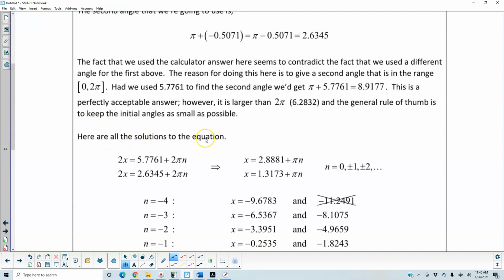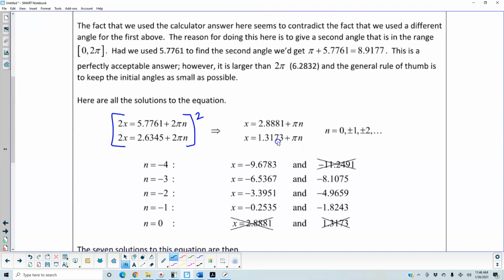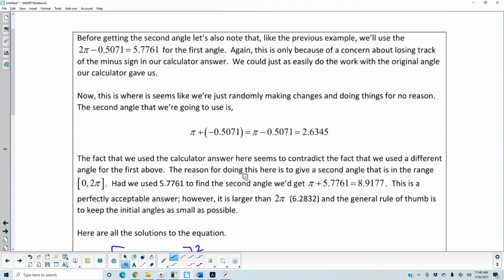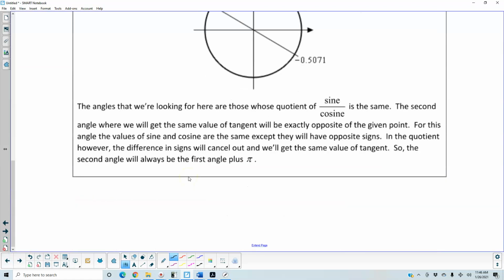So here are all the solutions to the equation. Again, we're going to multiply both sides of these two equations by 2 to then get x, which is equal to 2.881 plus pi n, and x is equal to 1.3173 plus pi n. And again, let's go back to what our interval is between.